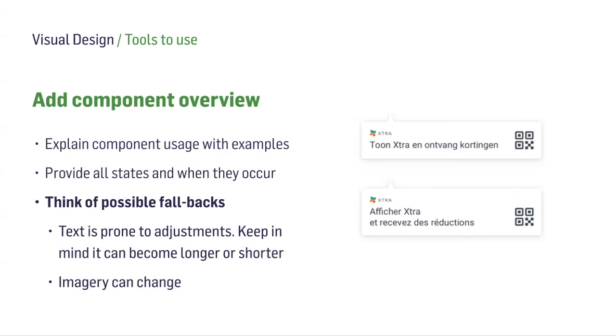I only set "Toon extra", or show extra, which was the label basically, and they changed it to "Toon extra en ontvang kortingen", which means show extra and receive discounts. So my label was already much longer than I wanted, but fine, my component could bear with that. That's not an issue. But then it got translated to French, and then the text became so long that it couldn't fit on one row.